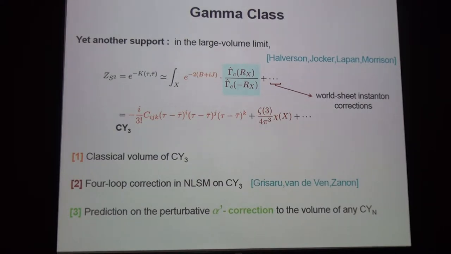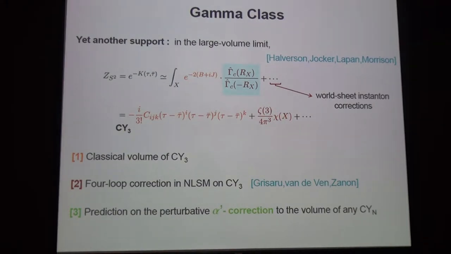These terms actually represent the four-loop correction to the beta function in the nonlinear sigma model whose target space is the Calabi-Yau manifold. So it is already known as the alpha prime correction to the volume of the Calabi-Yau 3 manifold. One can show that this factor here, the gamma class, actually reproduces this term exactly. So everything nicely fits into each other.